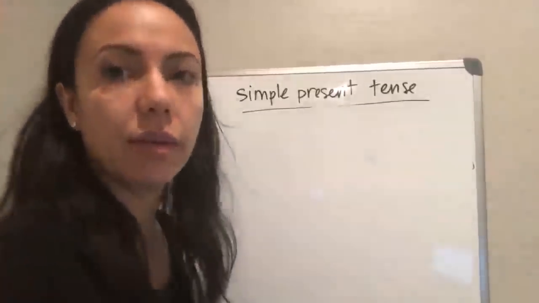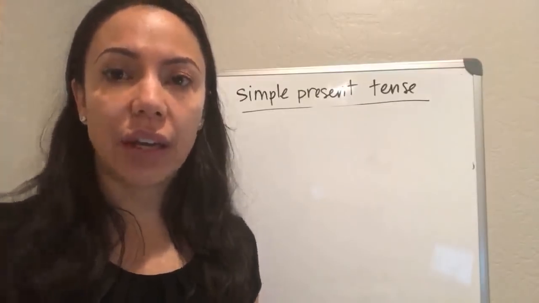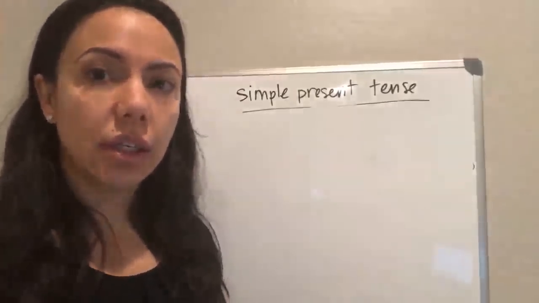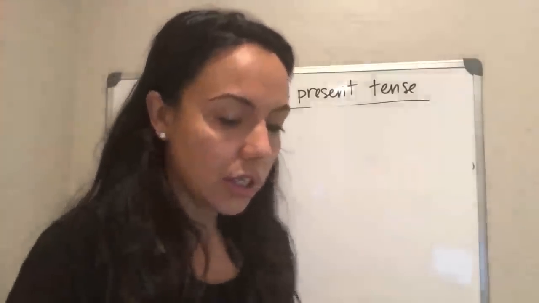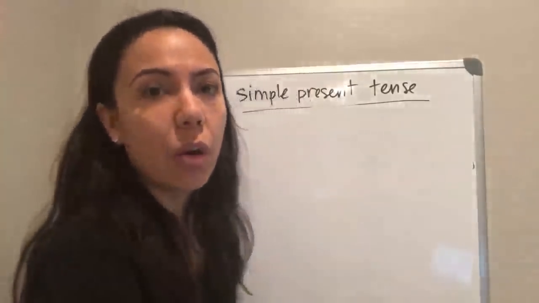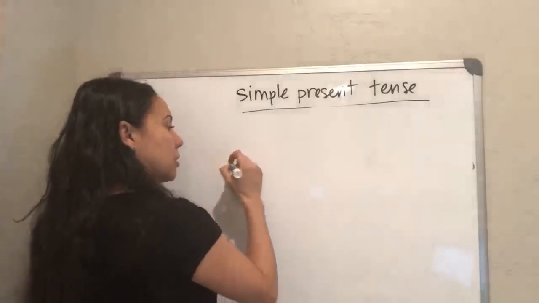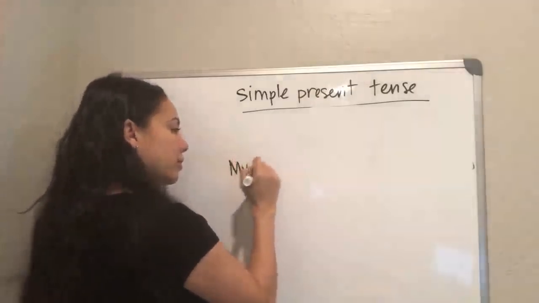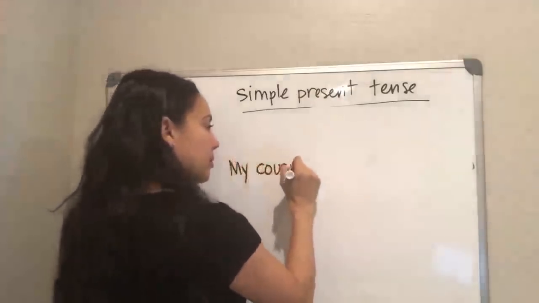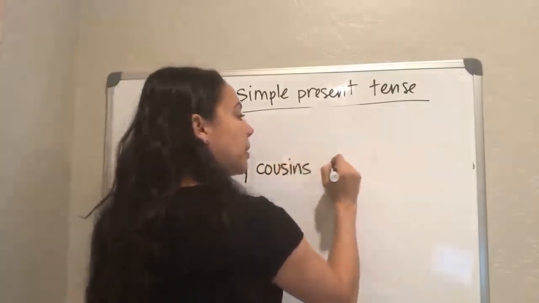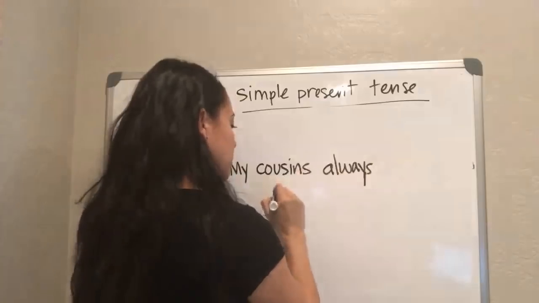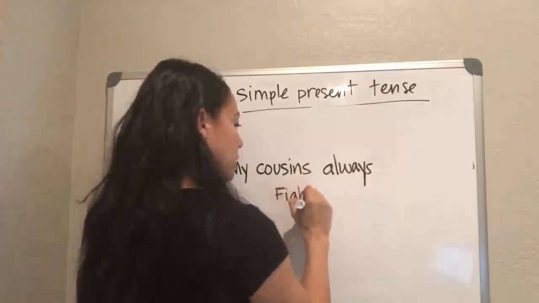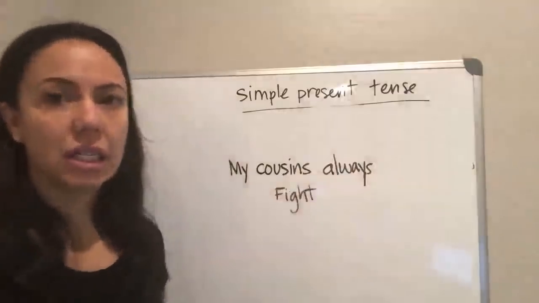Okay. Let's see what else we've got. My cousins fight always. Good. With this one, just to make it sound and flow a little more naturally, I would put always here. My cousins always fight.